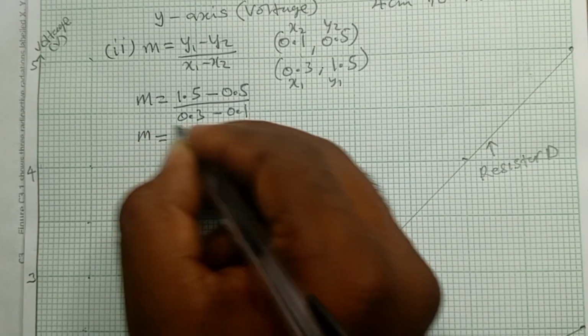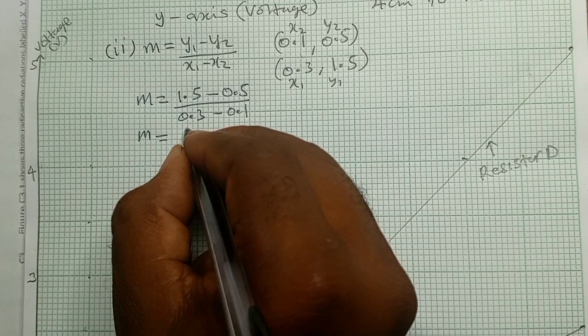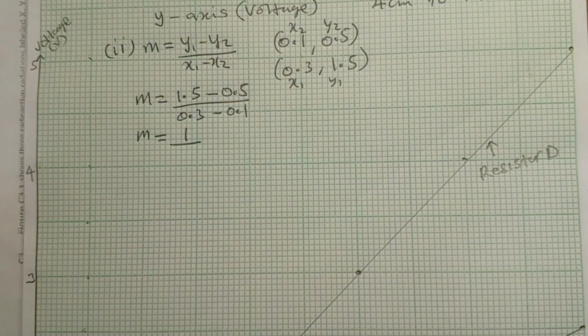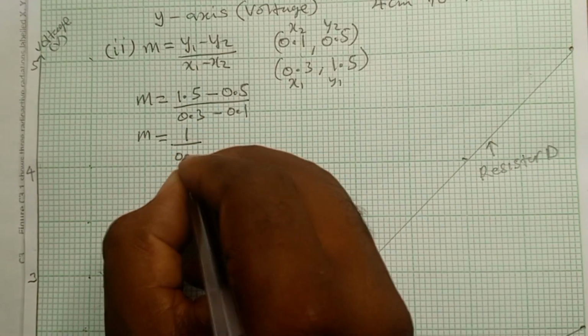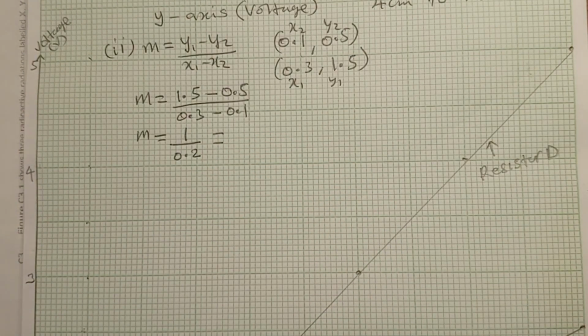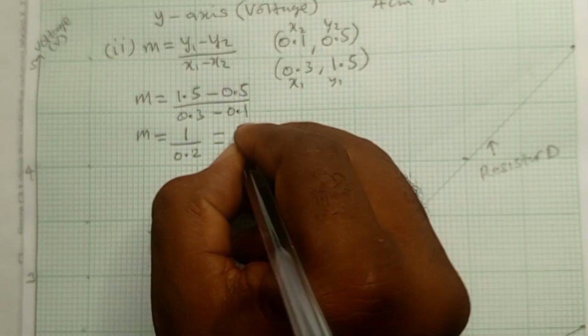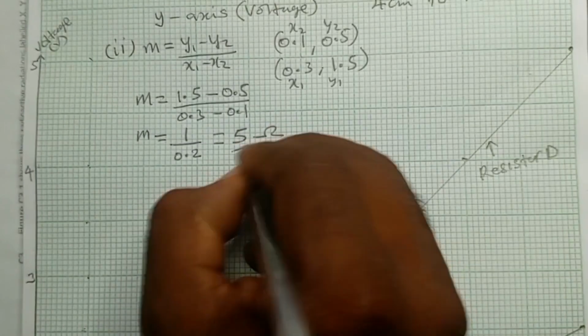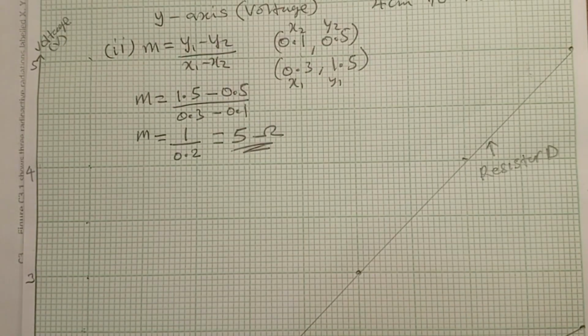So gradient is equal to 1.5 minus 0.5, that is 1, over 0.3 minus 0.1, we have 0.2. So 1 over 0.2, the answer is 5. So we have 5 ohms. So this is the resistance for resistor C.